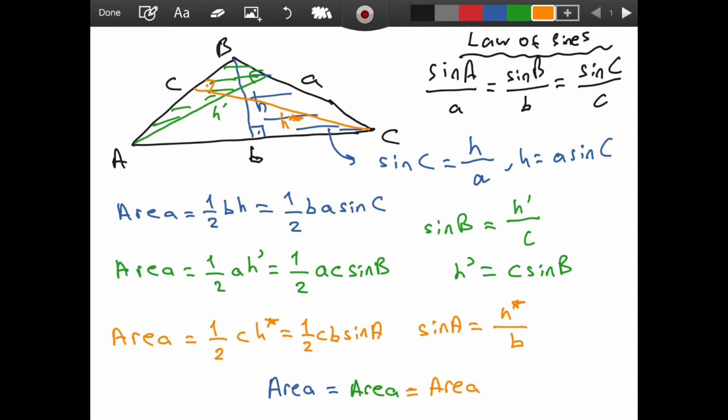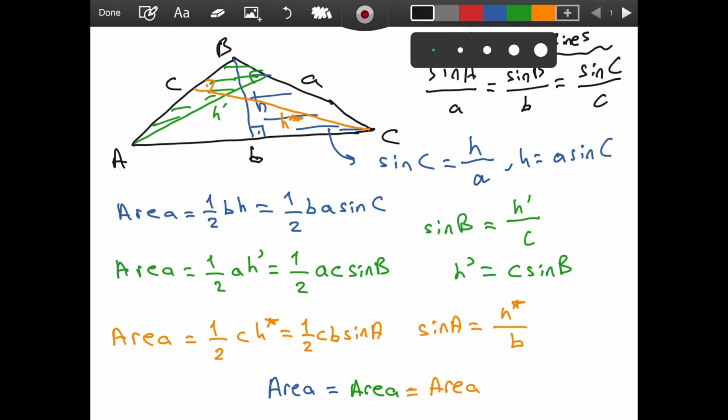Now, on the new page, we will use the expressions that we found for each of these different areas, which are equal, to prove the law of sines. So let's get started.